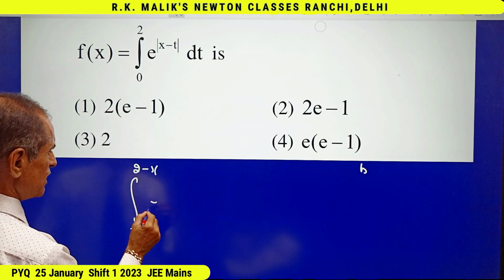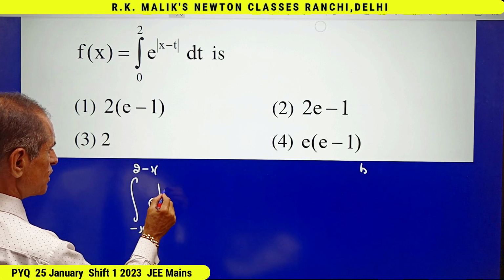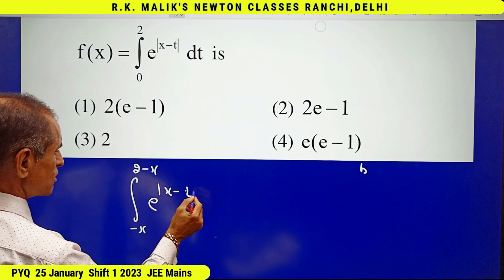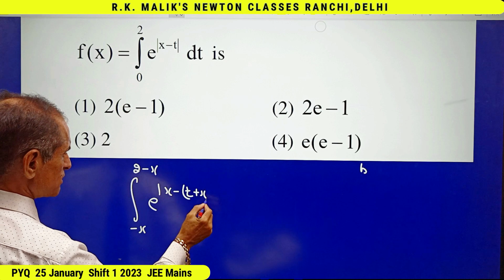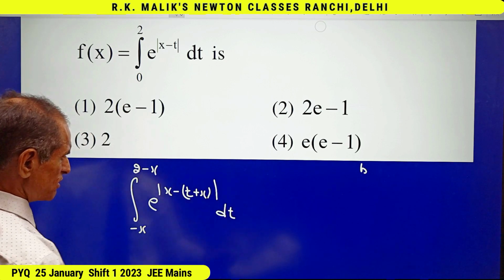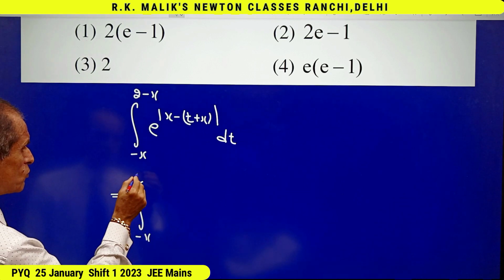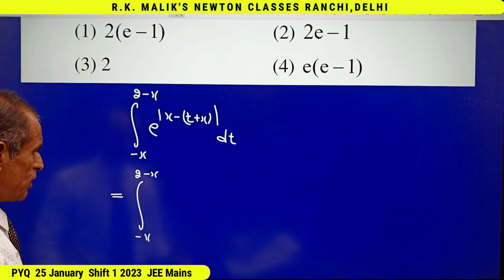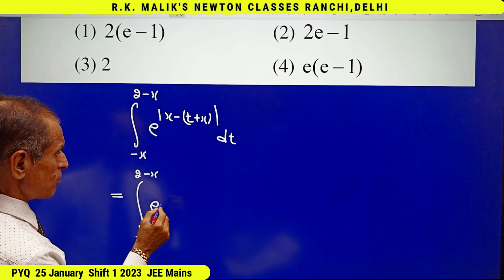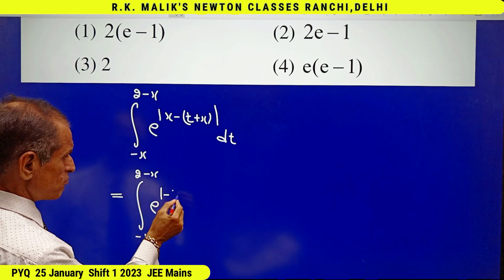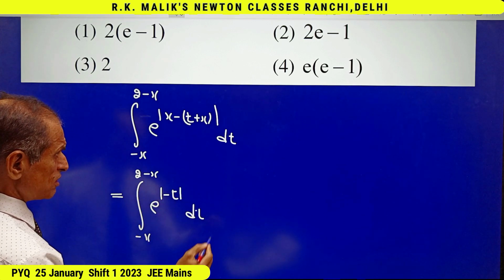to 2 minus x, e to the power mod of (x minus (t plus x)) dt. That is, I will get minus x to 2 minus x, e to the power mod of minus t, dt.